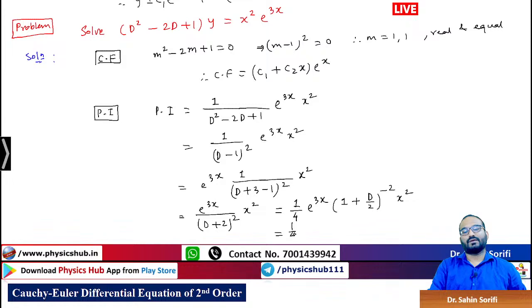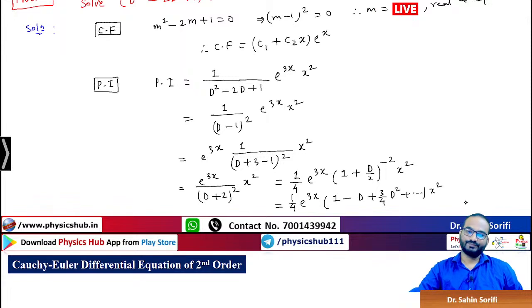That gives us 1 by 4 e to the power 3x, 1 minus 2 into D by 2, so D, next it will come n into n plus 1, so 3 by 4 D square, and next D to the power 4 will make x square to be 0.